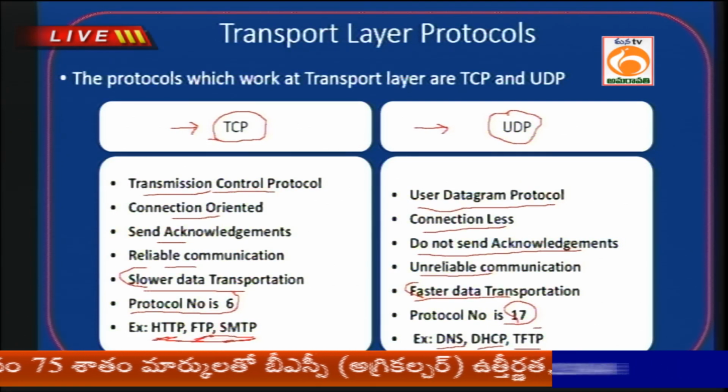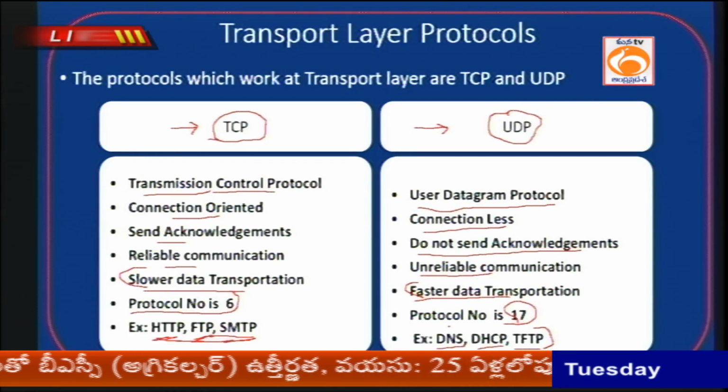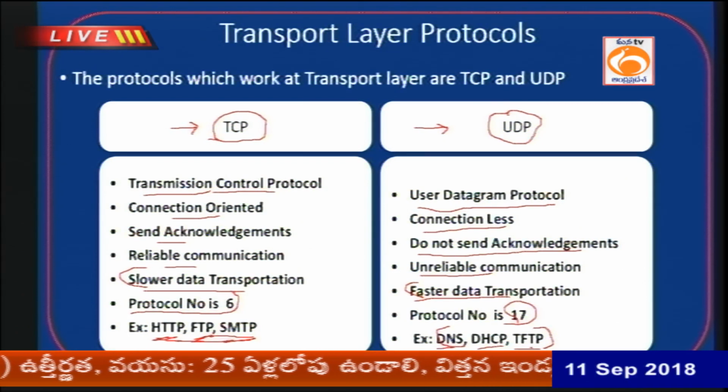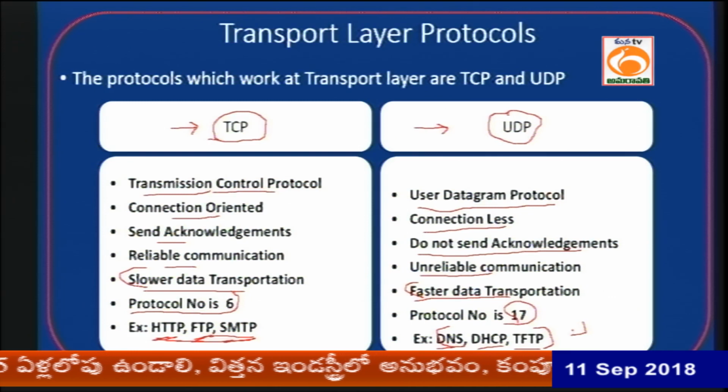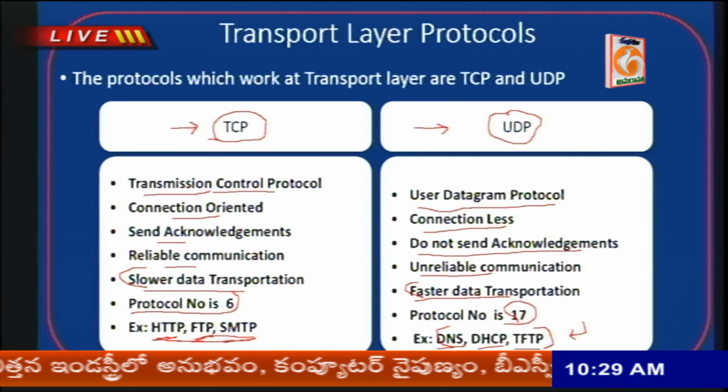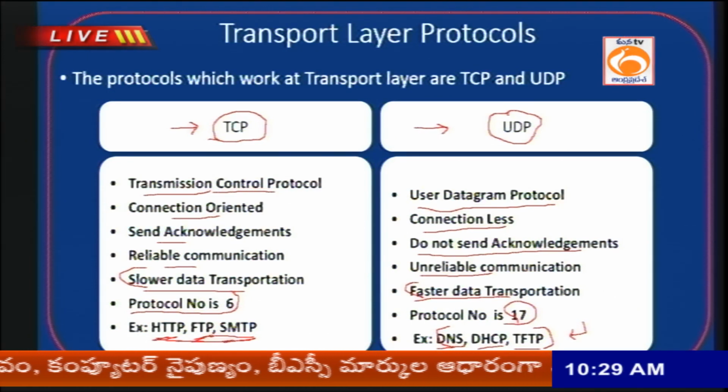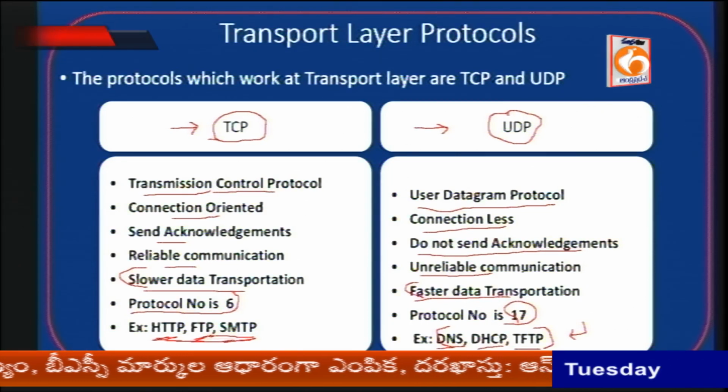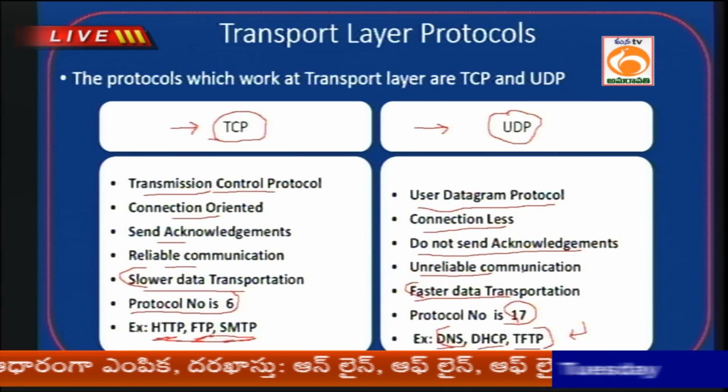Apart from this, there are other applications like video conferencing and voice over IP. All the real time applications also depend upon the UDP protocol for data transmission. So, you can see the various functions performed by the transport layer.